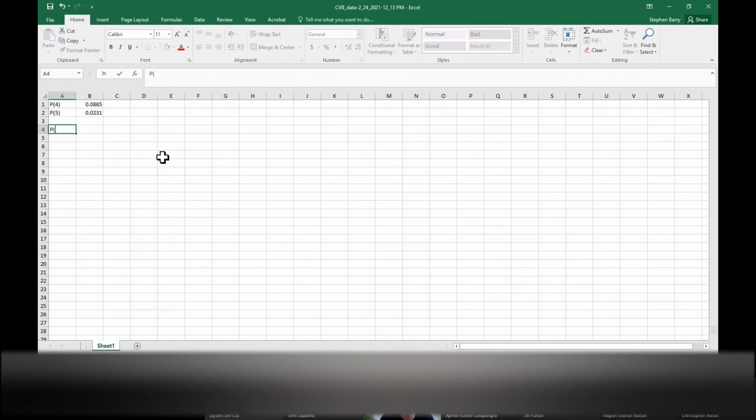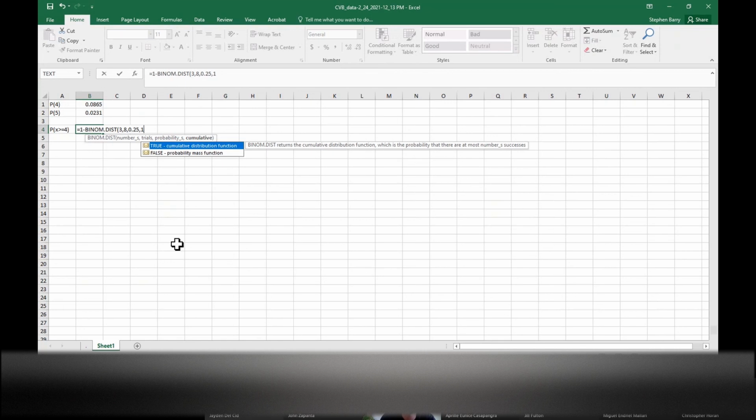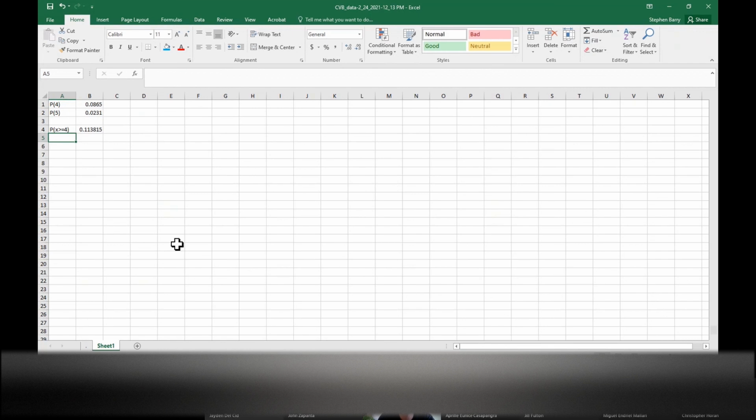So the probability that x is greater or equal to 4 would be 1 minus the binomial 3, 8, 0.25, and 1. So in other words, you have an 11% chance of passing.